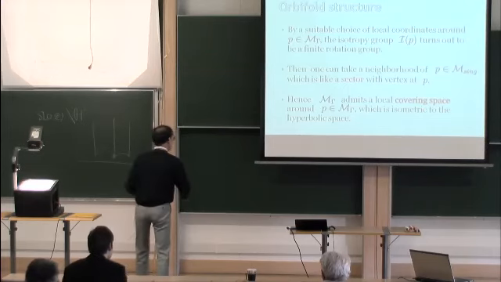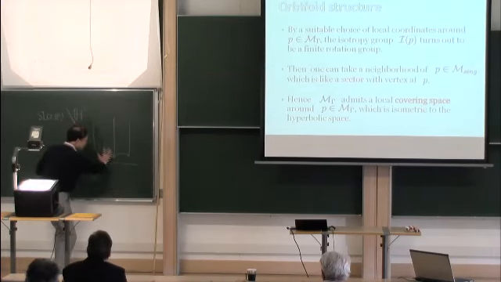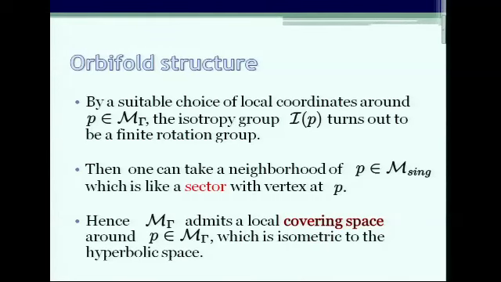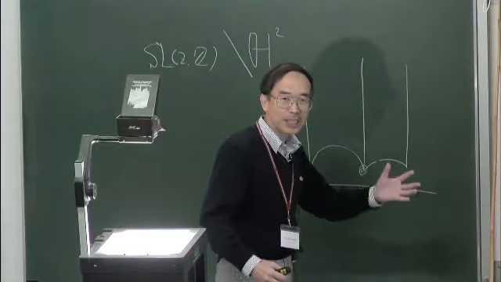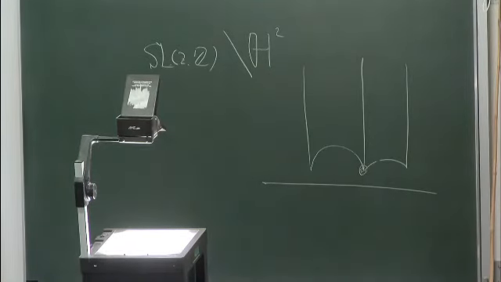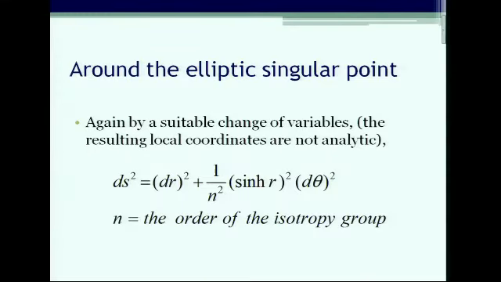So this M_Γ admits a covering space, which is actually this one. And this covering space is automatically a hyperbolic space. For us, it is much more convenient to make another change of local coordinates by which the manifold is no longer analytic.